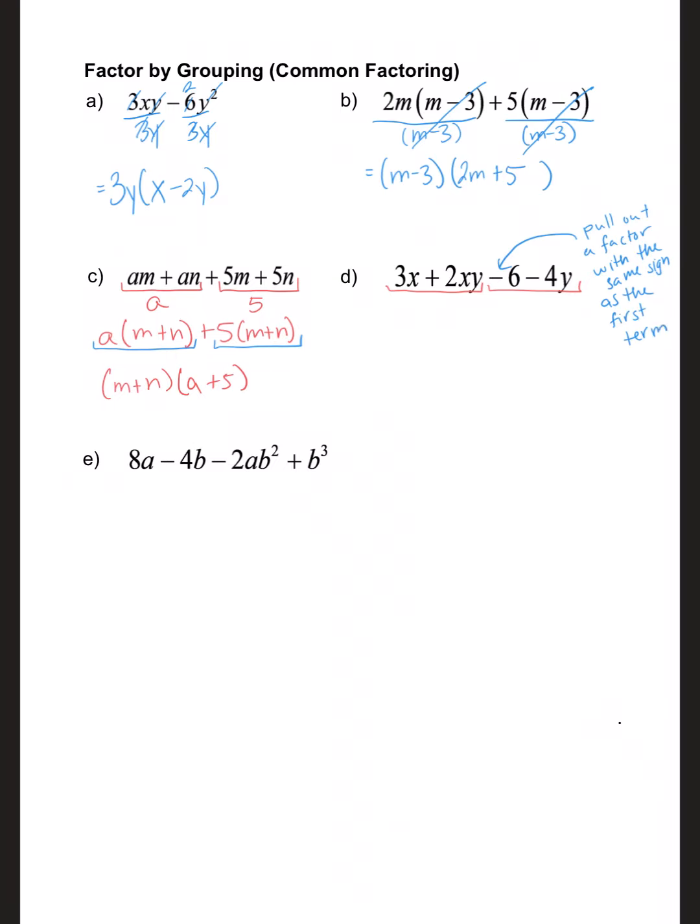So in our first group there, we have a positive 3x. So we're going to pull out a positive whatever common term. So in this first group, the only thing that's common there is x. So we'll pull out a positive x.